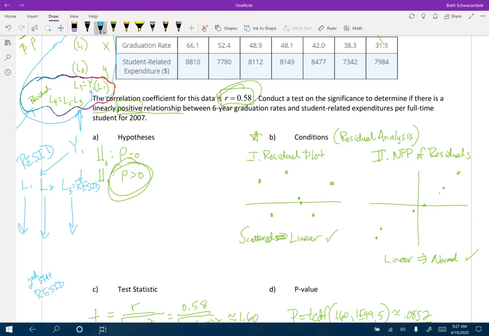Now if you want to practice that, go ahead. You can just use resid, and then when you do the plots, obviously instead of graphing L1 versus L4 here, you're going to do L1 versus L3. And instead of graphing L4 here, you're just going to do L3.